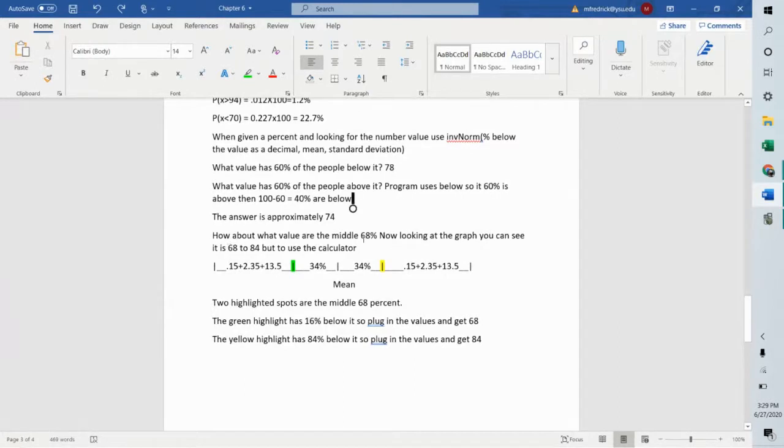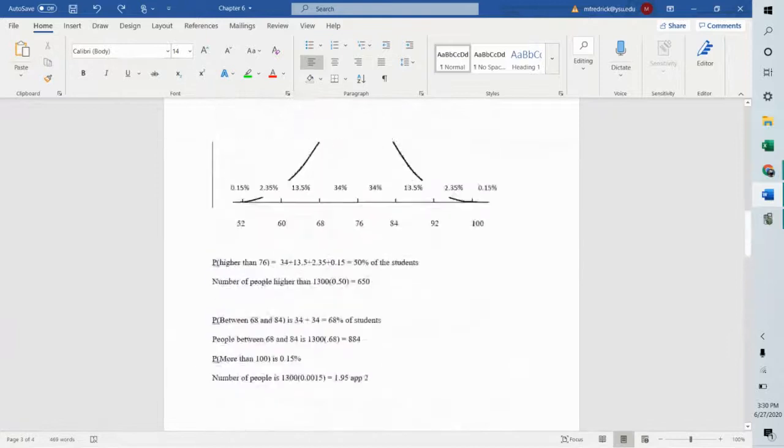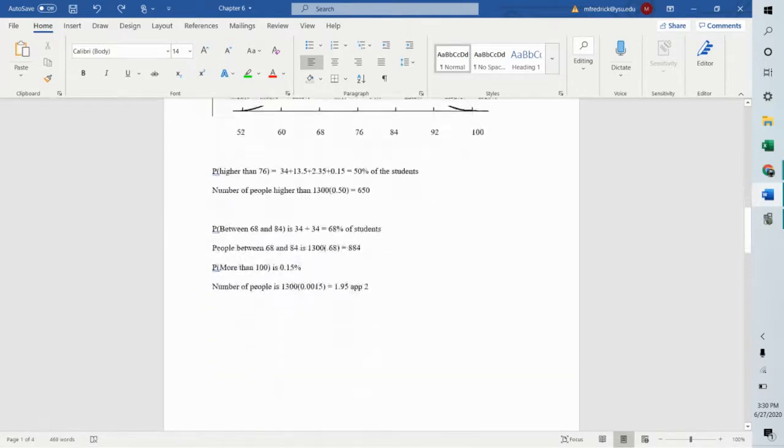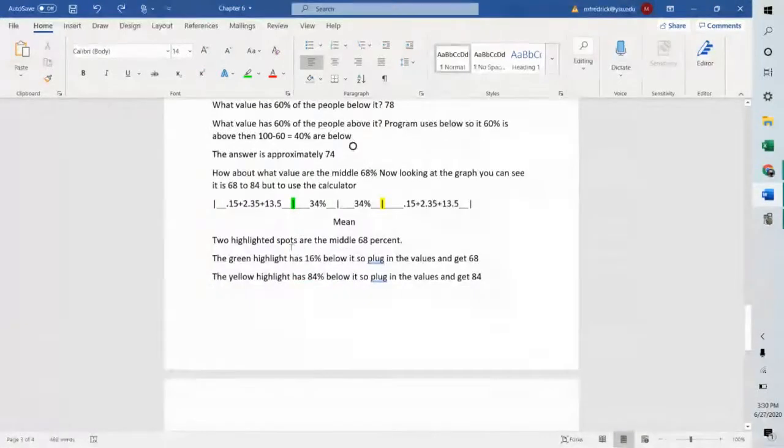How about what values are the middle 68%? Now, we know the middle 68% from our normal curve, so we could go up and see that the middle 68% is 68 to 84. But you can also use the calculator. To use the calculator, if we want to find the lower value of the middle 68, that's the green one, we need the values below.